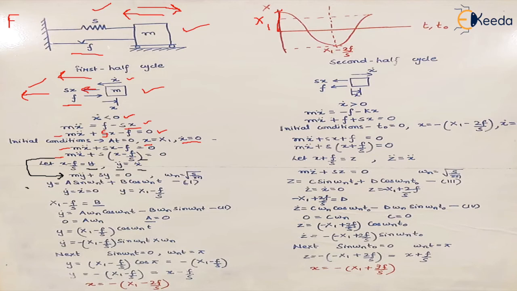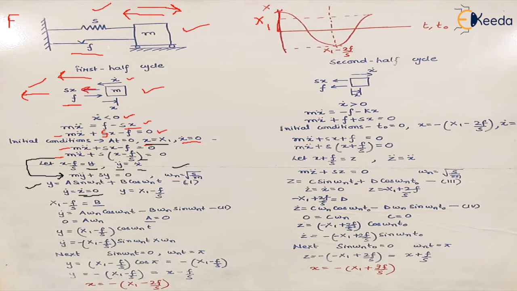The solution for this equation can be given as y is equal to a sin omega nt plus b cos omega nt, and omega n is the natural frequency of vibration, which is given by the square root of s upon m. If the initial condition says that x dot is equal to 0, then y dot is also equal to 0, right? And according to the initial condition, x is x1.